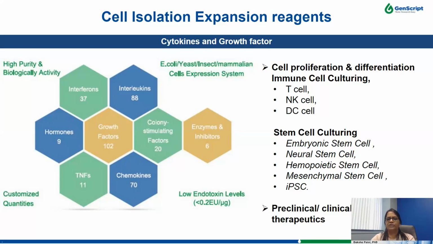So GenScript offers a comprehensive catalog of recombinant proteins and cytokines with lot-to-lot consistency. These can be used for various applications, like immune cell culturing, stem cell culturing, and even cytokine therapy. More than 2,000 cytokines, growth factors, and peptides for cell therapy research are also available, and we also provide custom synthesis service.